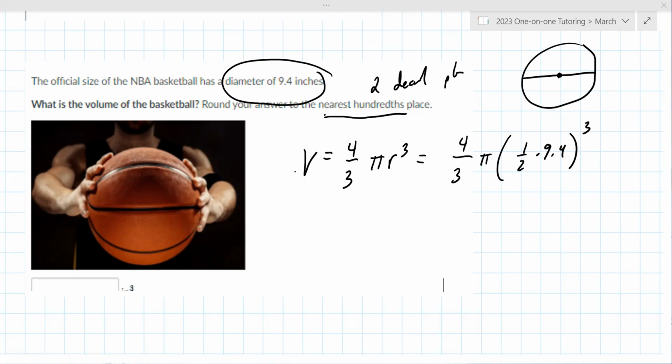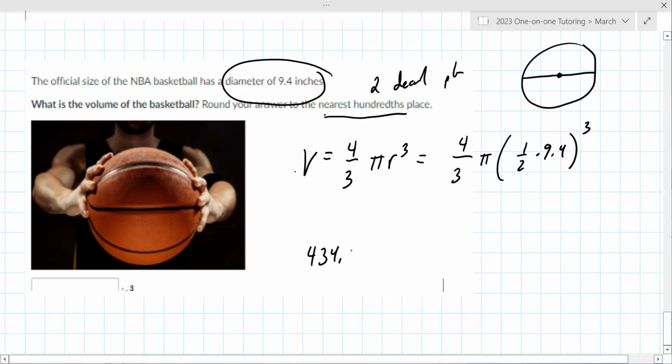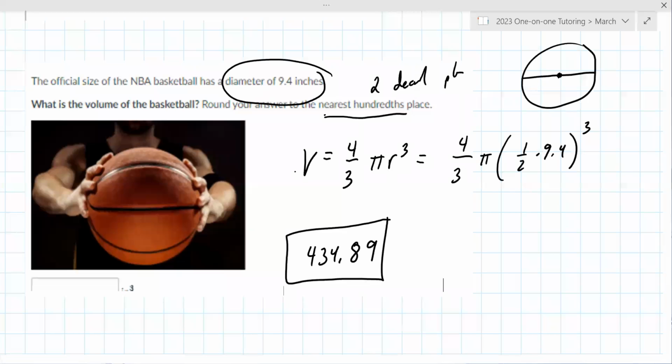Okay, I got 434.892. So 2 decimal places, so just go to that 8, 9, the 2 drops off. So that is your final answer on that.